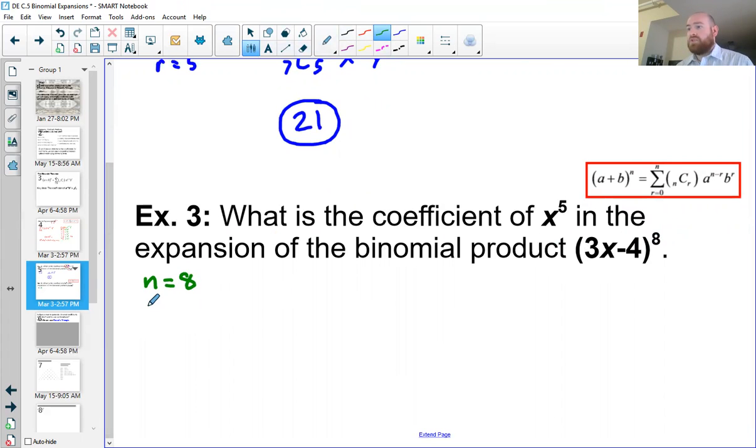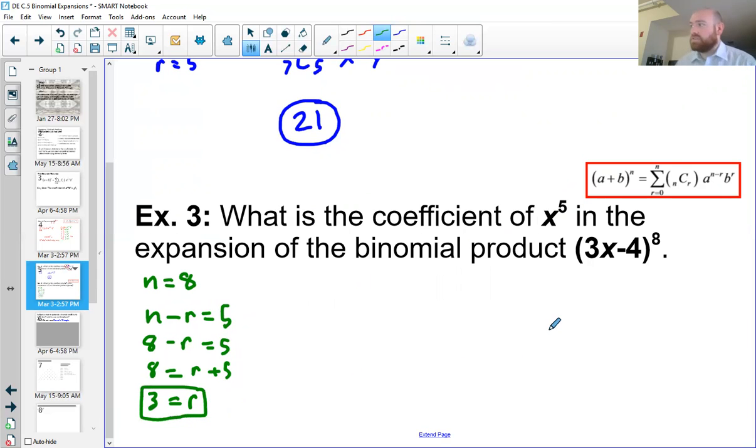And so if we want n minus r to equal 5, we have 8 minus r is equal to 5. If I add r to both sides, we have 8 equals r plus 5. Then subtract 5 from both sides, we get 3 is equal to r.